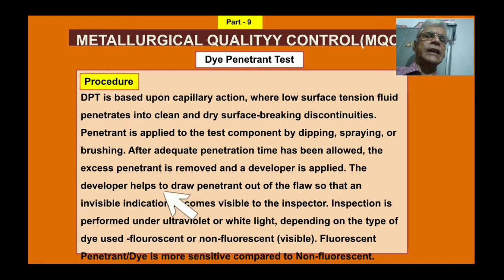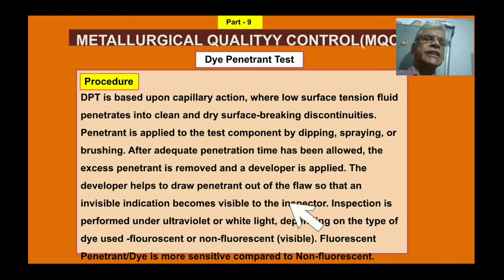The developer helps to draw penetrant out of the flaw so that an invisible indication becomes visible. What does the developer do? It takes out the penetrant which is inside the crack, and then it develops that red color indication, which is much more visible as compared to the other process.